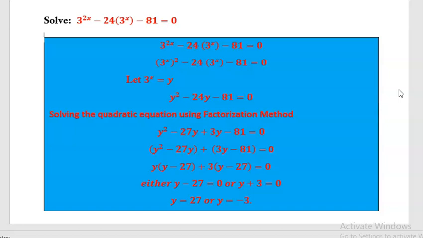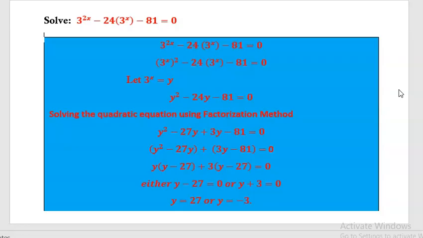So (3 raised to power x) squared minus 24 into 3 raised to power x minus 81 equals 0. So we are going to represent 3 raised to power x with a letter. Let 3 raised to power x equals y. You cannot use x again, but you can use any letter, so I have used y in this question.